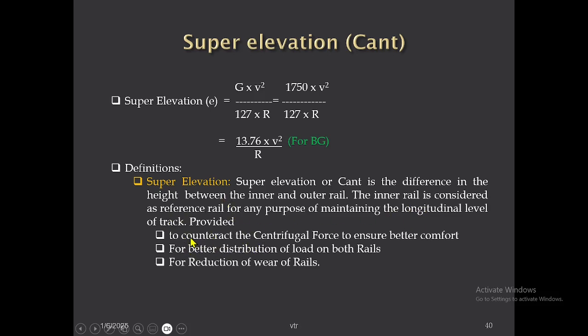As already discussed, it is provided to counteract centrifugal force, to ensure better comfort, for better distribution of load on both rails, and for reduction of wear on the rail. Because of superelevation, we are making the resultant force fall exactly within the middle of the base, so there will be equal distribution of load on both rails. So there will be reduction in wear on the rail, because more load on one rail means more wear and tear, and that is reduced here.